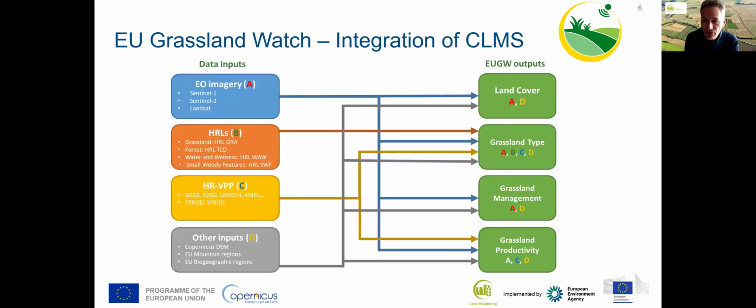In order to achieve all that, we require quite a bit of data, and the Copernicus Land Monitoring Service here is providing us with, let's say, the big backbone of information that we are using.